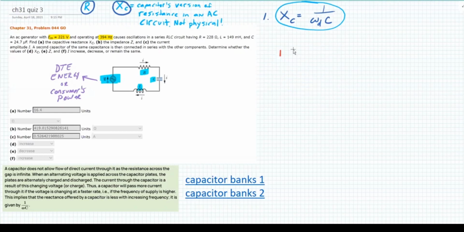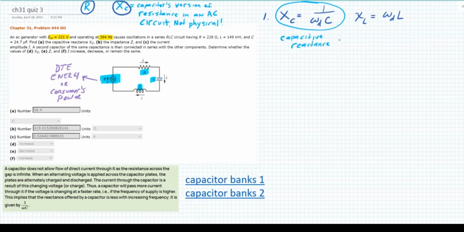All right, we have another brand new term coming up called XL. So number 2, in terms of introductions, X subscript L equals omega times L, and this has a special name. This is capacitive reactance, a capacitor's version of resistance.